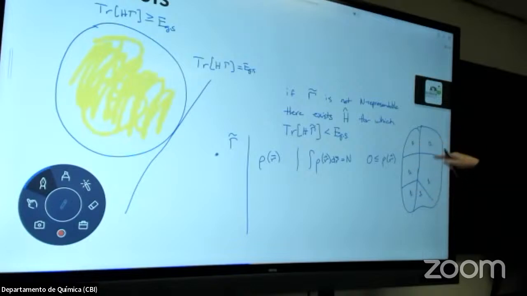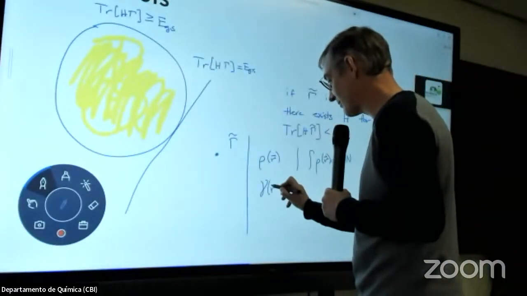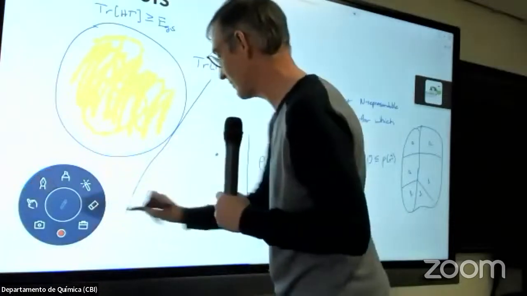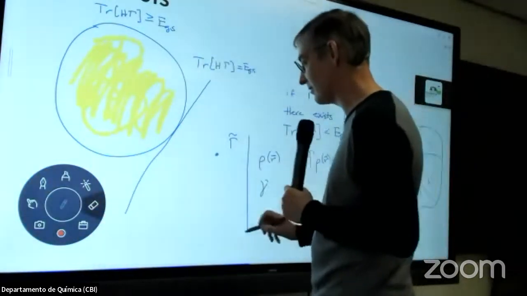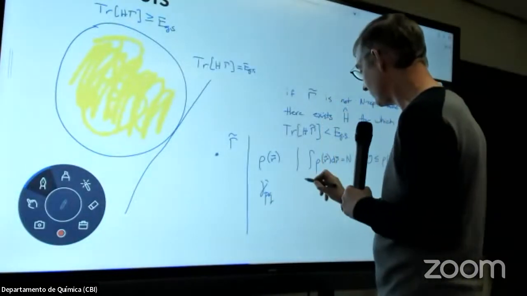Take the square root of the density in those pieces. That looks like an orbital. Take the anti-symmetric product of those orbitals. Done. Simple proof. It doesn't matter that it's not a good wave function. You just prove there is a wave function, right? And then the density matrix. So it's, we haven't really talked about it in spatial coordinates. We just write it as gamma PQ.